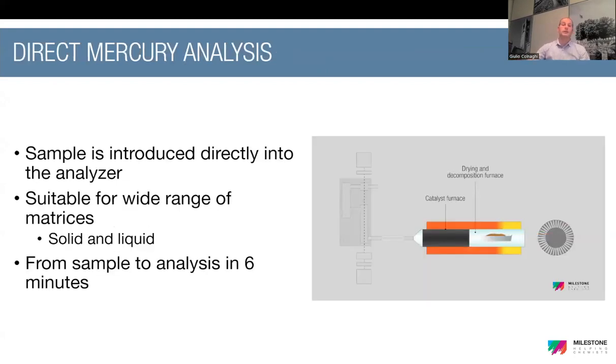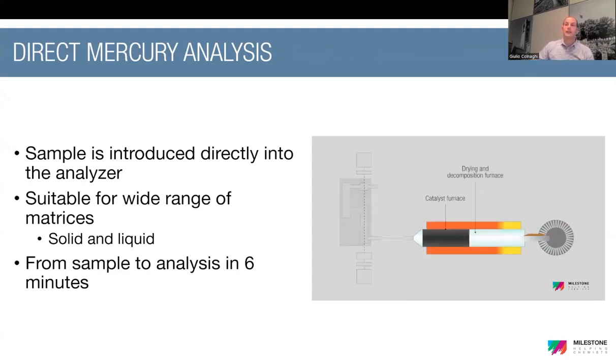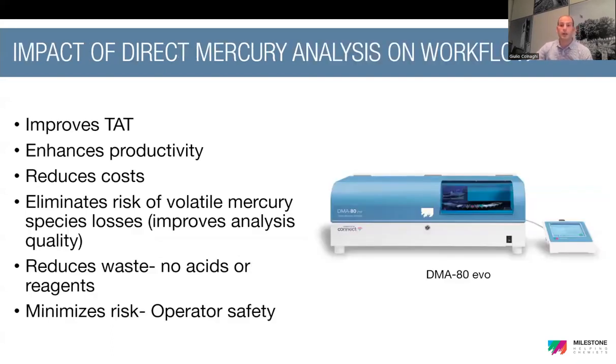In fact, by using a direct mercury analyzer, we can take the sample as it is, both solid and liquid, and introduce it directly into the direct mercury analyzer, and within 6 minutes, we are able to get the total mercury content of our sample. This is clearly a streamlined path that provides a better turnaround time for the lab, enhances the productivity of the lab, but at the same time reduces the cost because we do not have to deal with all the sample preparation steps.